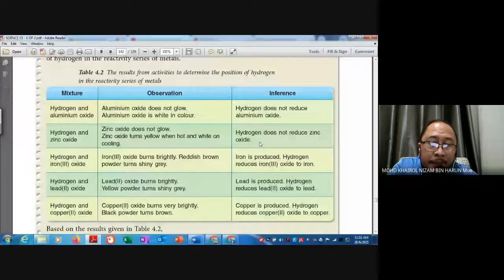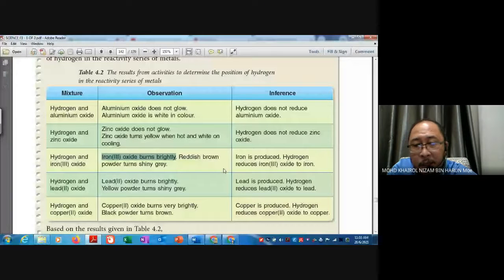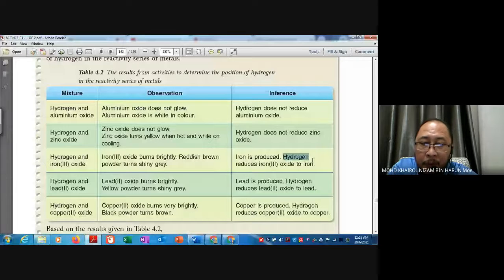Hydrogen and iron oxide: the observation we can see here is that iron(III) oxide burns brightly and the reddish brown powder turns shiny gray. The reaction burns brightly, so the reaction occurs. We can say that hydrogen is more reactive than iron. That's why hydrogen can take oxygen from the iron oxide.